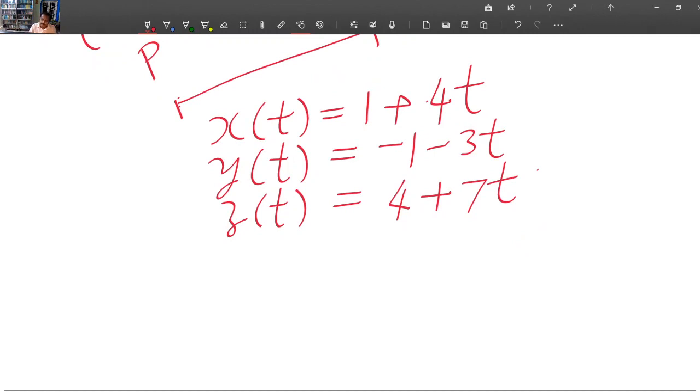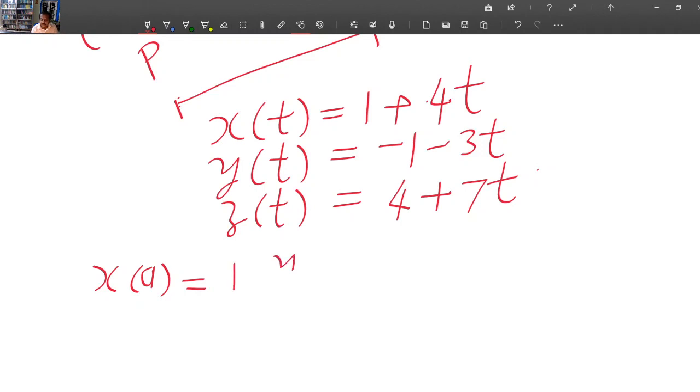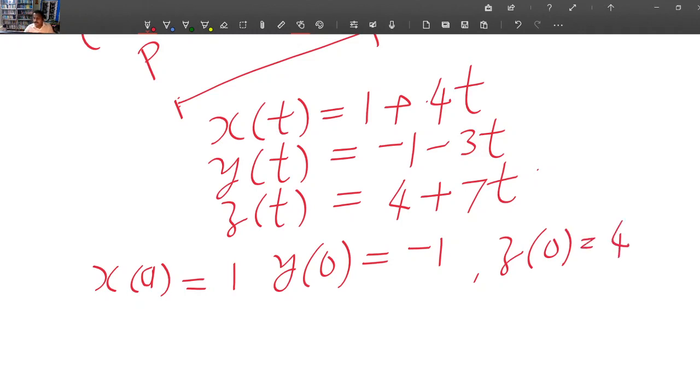And as we have seen previously, x of 0 is 1, y of 0 is minus 1, and z of 0 is 4.